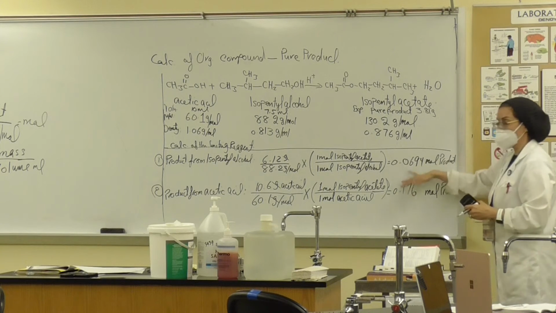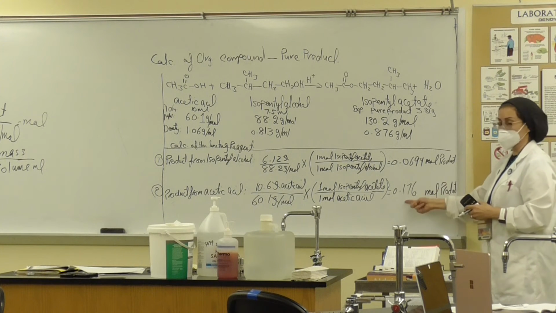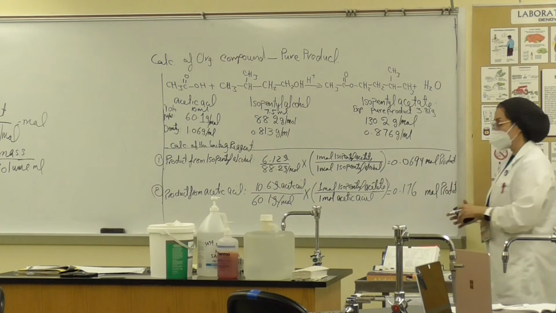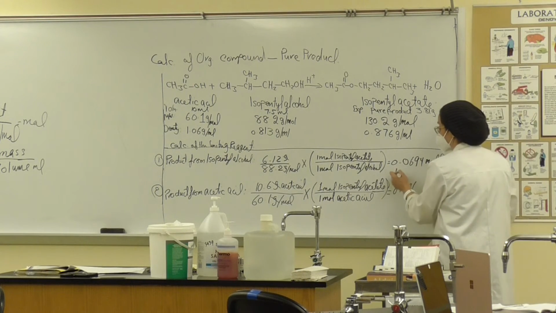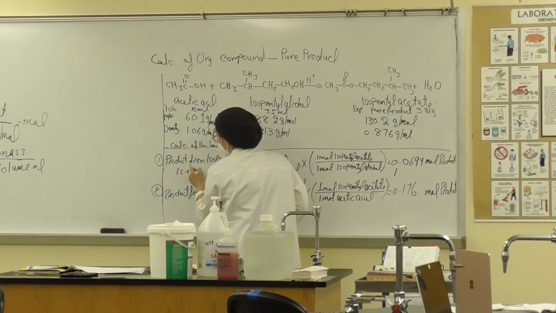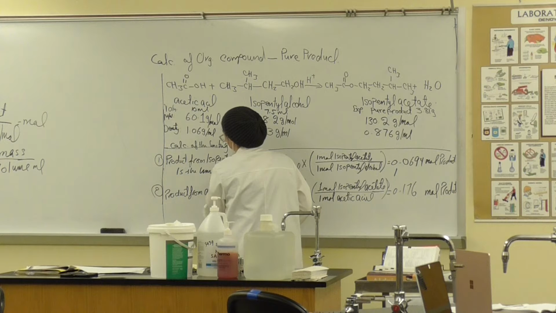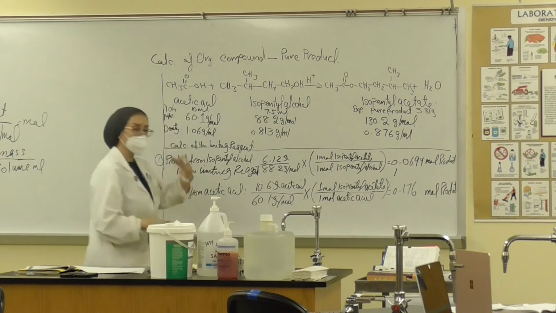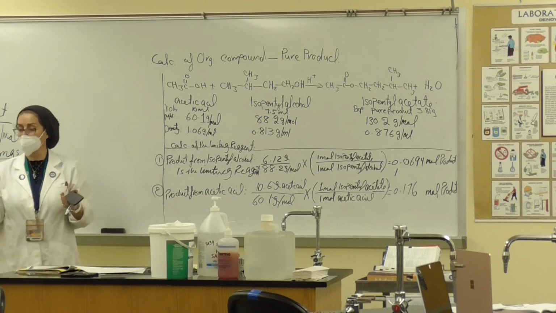So which one is bigger, has more moles? This one. So that is excess, and this is the limiting. So then you decide this, that guy is the limiting reagent. And from that, I will be able to calculate the product.